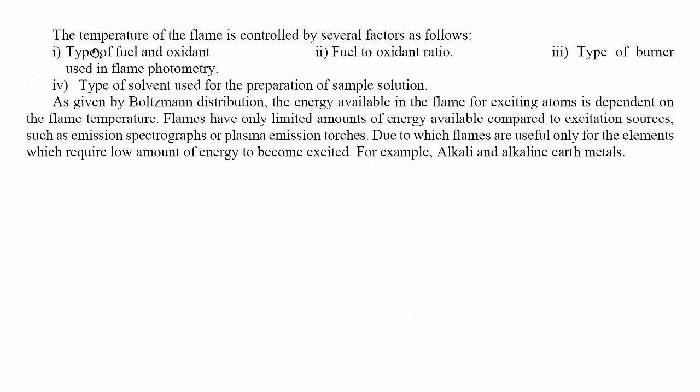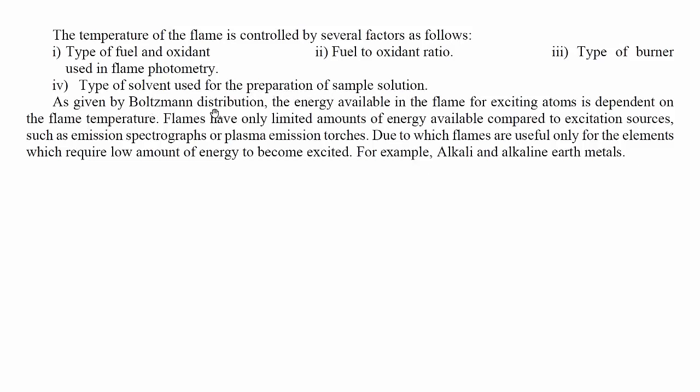The temperature of the flame is controlled by several factors as follows. 1. Type of fuel and oxidant. 2. Fuel to oxidant ratio. 3. Type of burner used in flame photometry. 4. Type of solvent used for the preparation of sample solution.